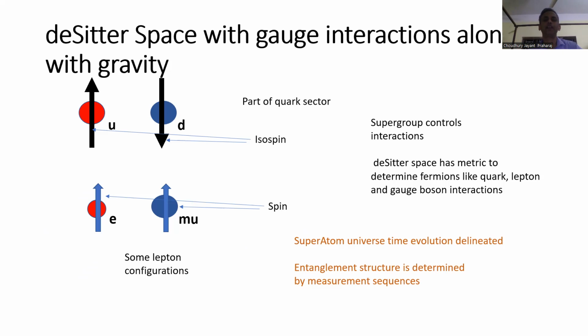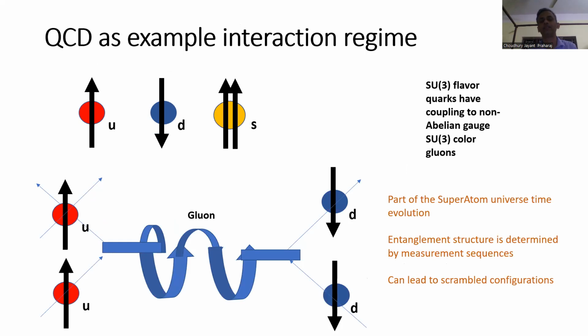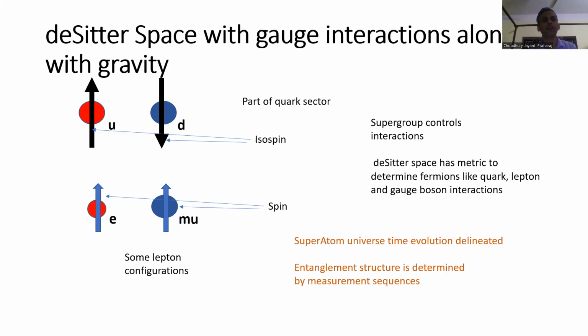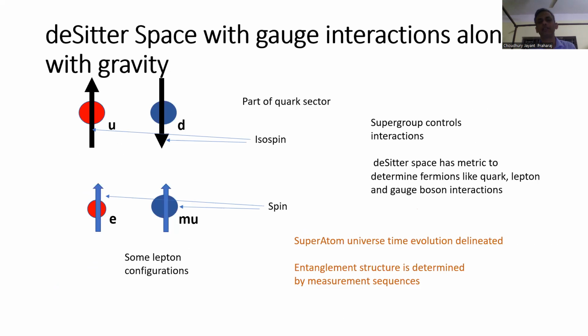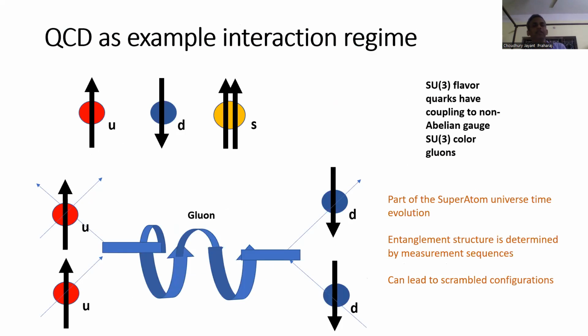But the basic idea is that you can have the SuperAtom universe picture, and it has time evolution, it has measurements, and it has scrambling of configurations related to quantum entanglement. Full de-Sitter space quantum field interactions determine the course of time evolution, and scrambled configurations can result due to measurement sequences in this SuperAtom universe. So we'll stay on this slide a little bit further.